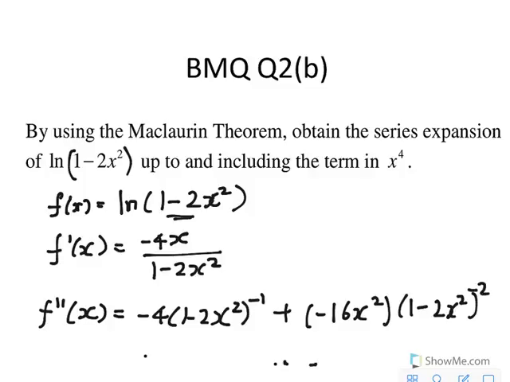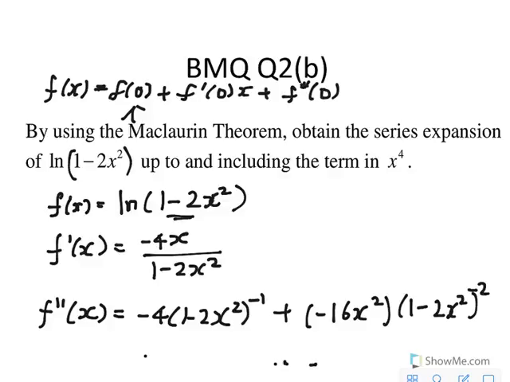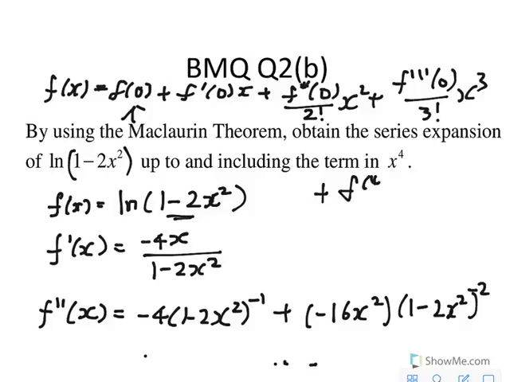F triple prime, again, you need to differentiate once more, because, you know what's the Maclaurin theorem. Okay, so based on M26, we know this is f(x) equals f of 0 plus f prime 0 x plus f double prime 0 over 2 factorial x squared plus f triple prime 0 over 3 factorial x cubed plus f of 4, the fourth derivative, 0 over 4 factorial x power 4, and so on and so forth.